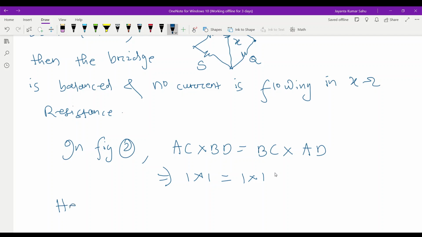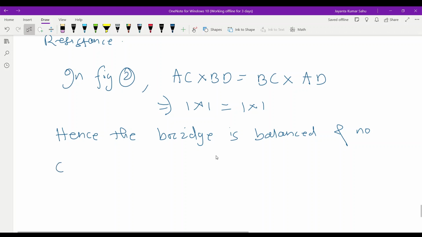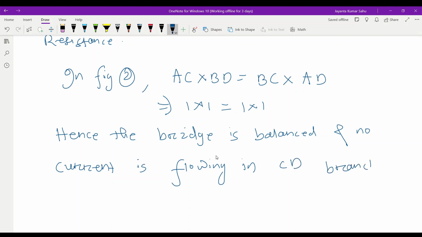Hence the bridge is balanced and no current is flowing in the CD branch. That means the CD branch behaves as an open circuit.